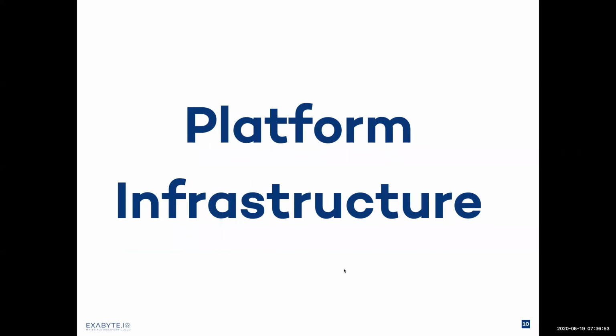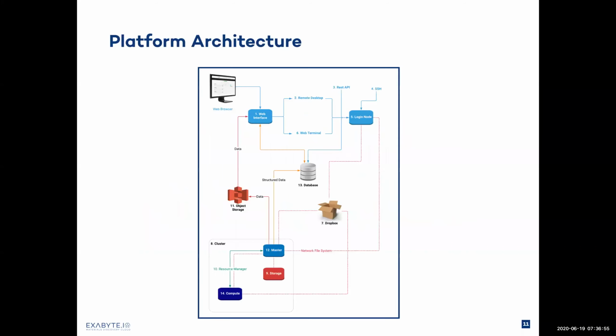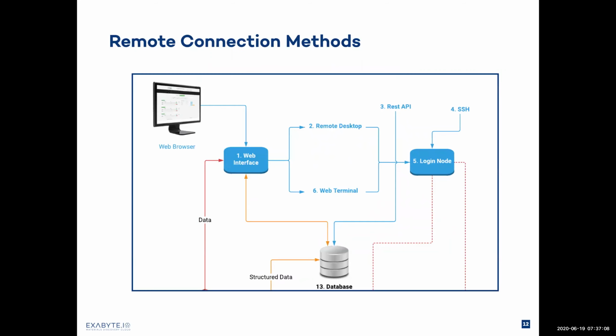Okay, so let's start with the platform infrastructure overview. And here is a quick picture that demonstrates the architecture of the exabyte platform. I know it looks complicated from the first view, but there are a few important components that are facing the user, and those are highlighted in blue in this diagram.